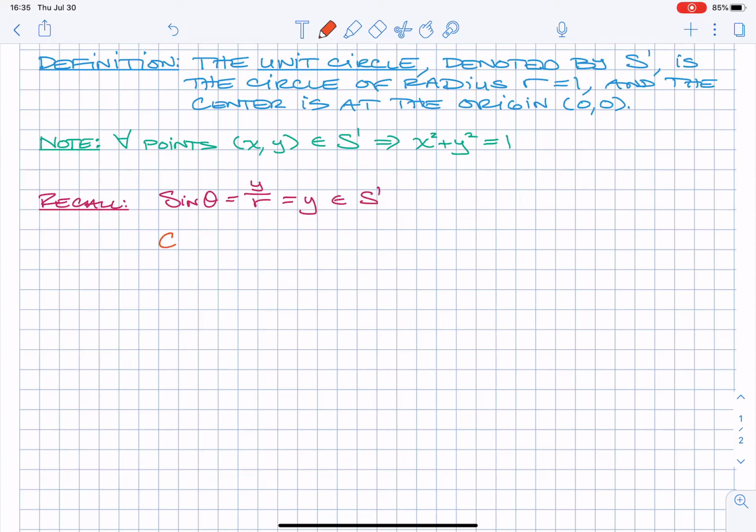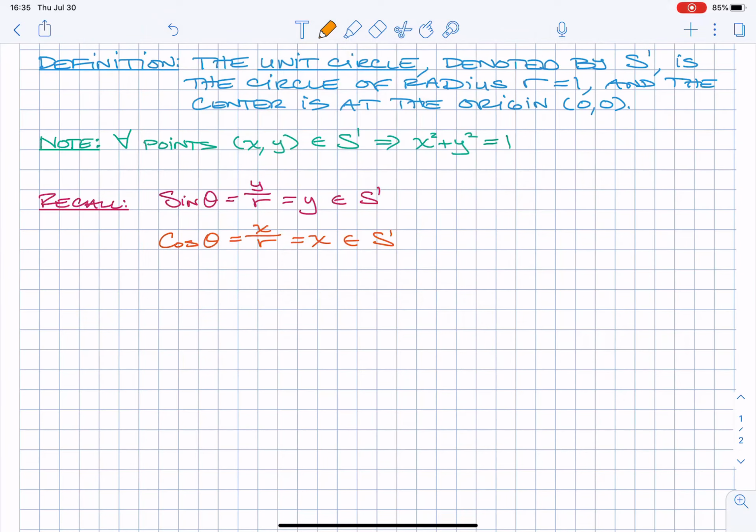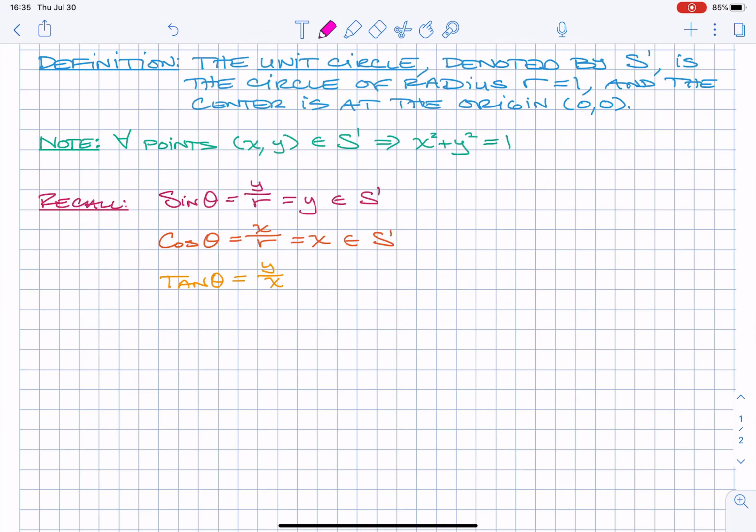Cosine of an angle theta was x over the radius r, which is just going to be x if I'm on the unit circle. However, tangent of theta is still y over x. It doesn't matter if I'm on the unit circle or not. So, what does this mean?